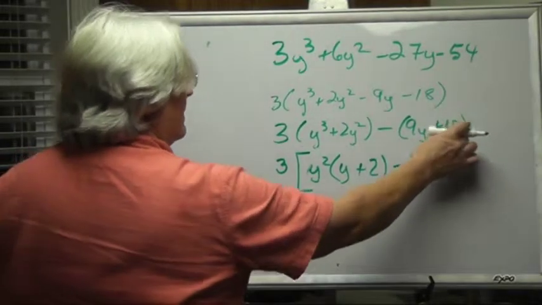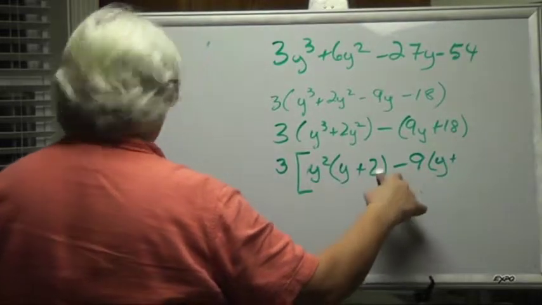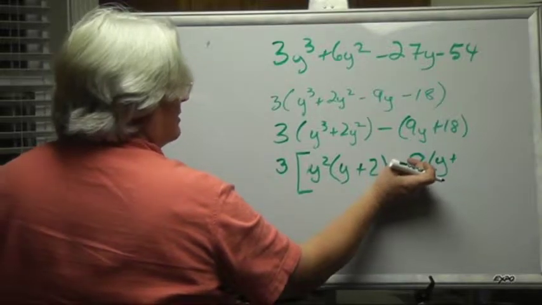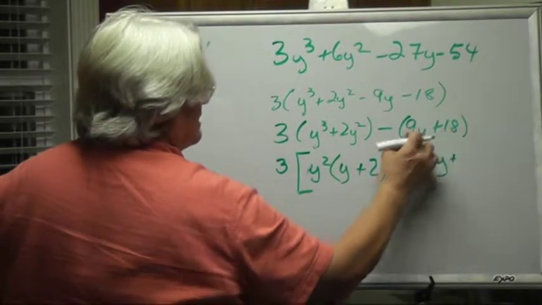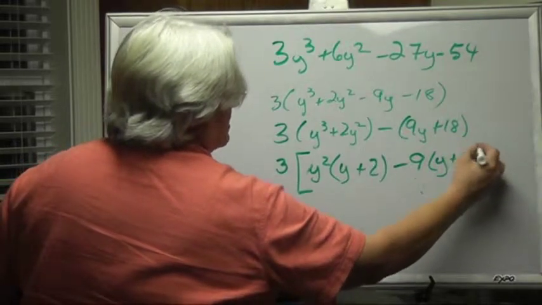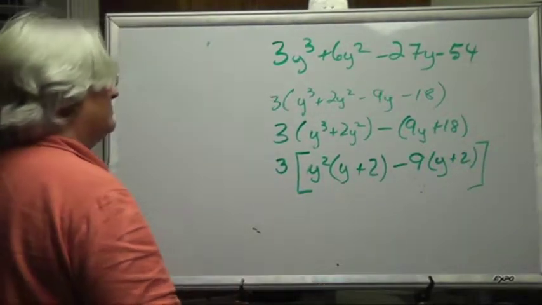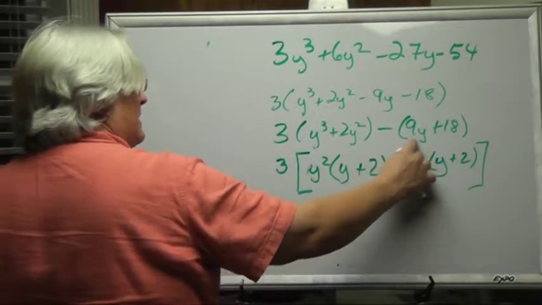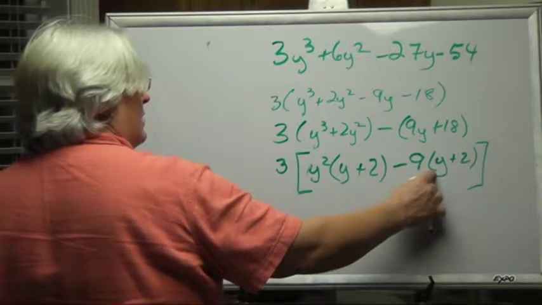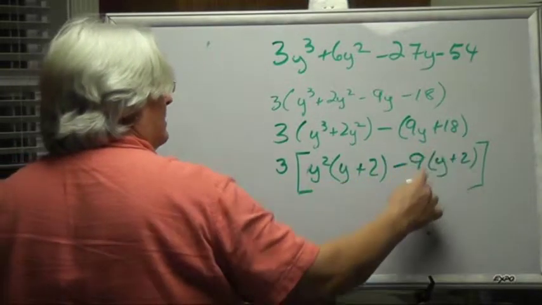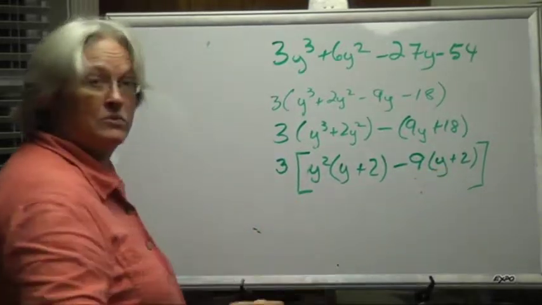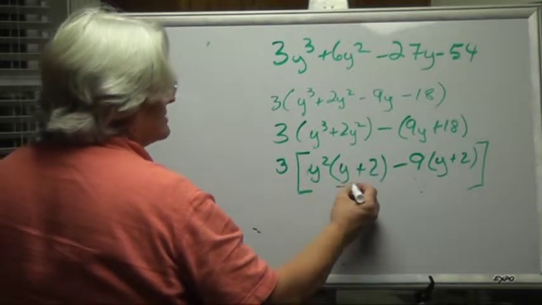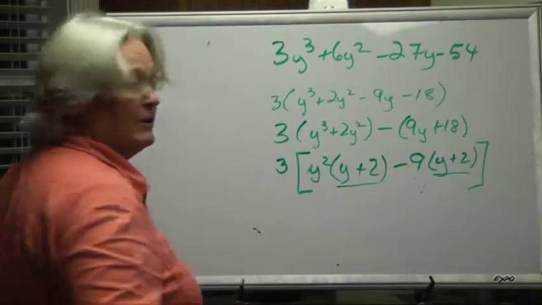And for 18, negative 9, but we're just going to say negative 9. We have this factor in common. We have a factor of 2 remaining, because this will yield, the opposite of negative 9 is negative 9y. The opposite of 18 is the same as negative 9 times 2, which is negative 18. Now you see we have this common binomial factor in there.